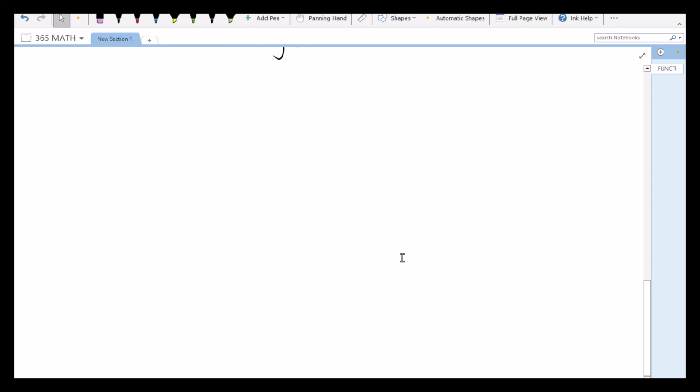So we're looking at a many-to-one function. We're going to draw a mapping diagram for the function f of x is equal to x squared with the domain.